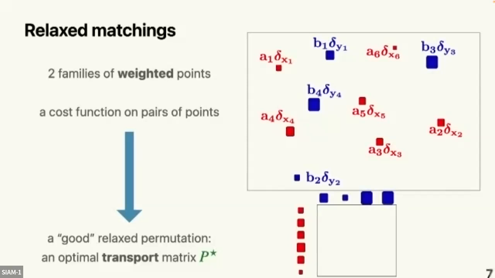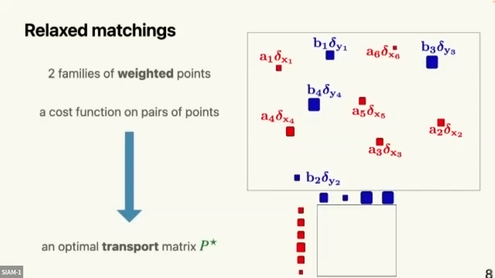Now I'm going to look at matrices that have, as rows, the number of red points, and as columns, the number of blue points. And here is the solution to relax permutations that I would propose for this weighted setting with different sizes: I am going to transport red mass onto blue mass, and I'm going to tell you for each of those red points where the mass should go.